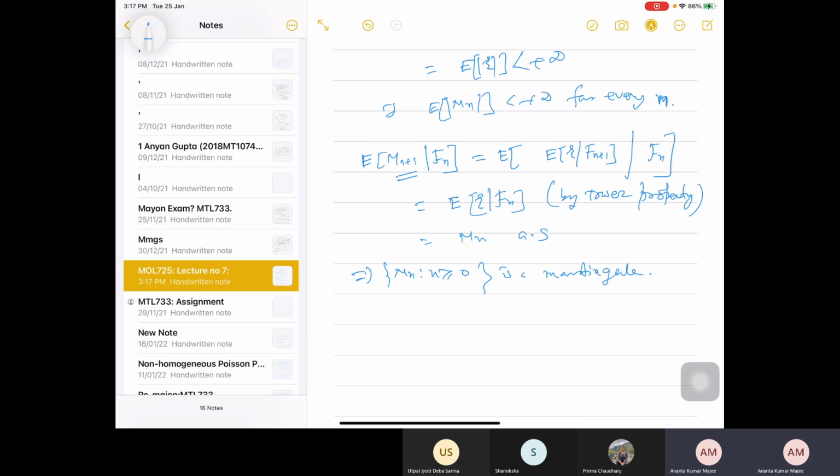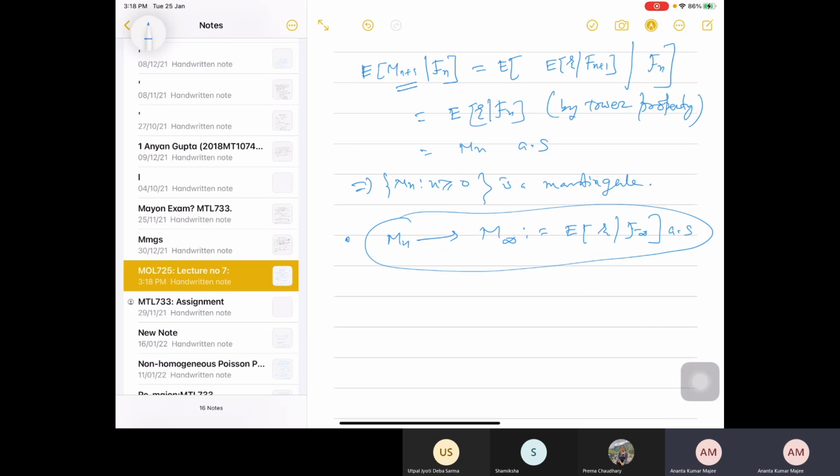Okay. So later on we will show that this Mn converges to M infinity, and this is nothing but the expectation of zeta given F infinity, almost surely. Later on we will check this result.